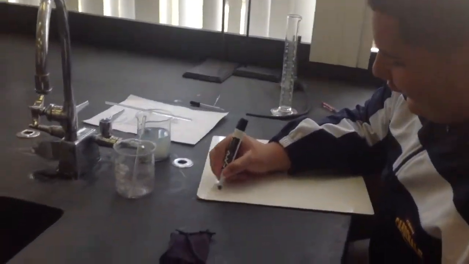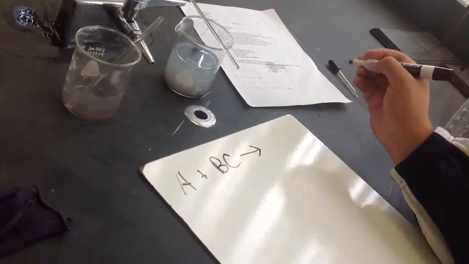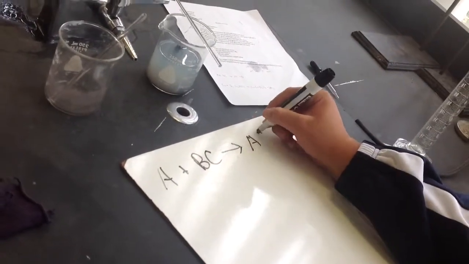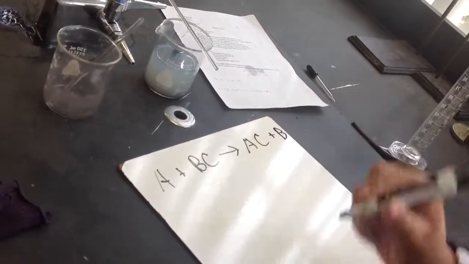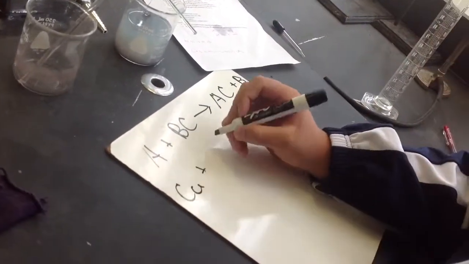Remember, it is part of the 5 types of reactions that we discussed. A single replacement reaction is A plus BC, and then the products would be AC plus B. Our reactants are copper and silver nitrate.